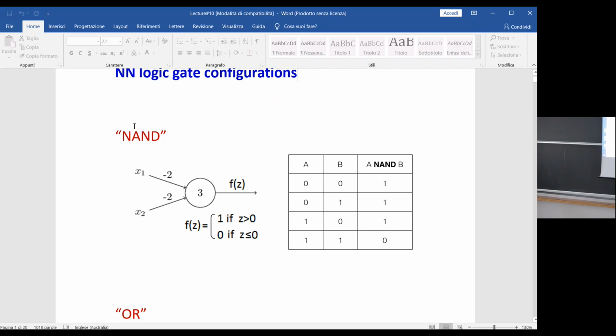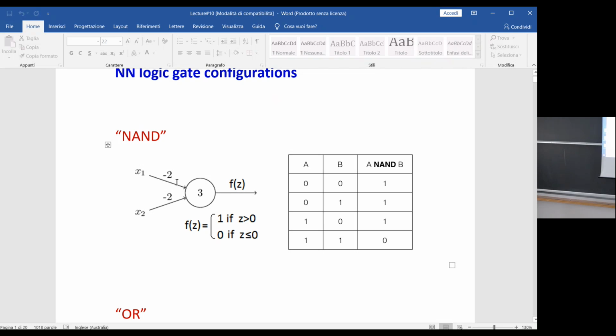First of all, it is NAND, yes? That is not AND. The universal Boolean function, which generates all possible other logic functions.